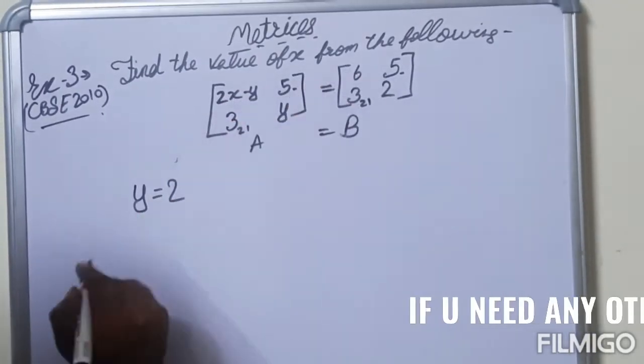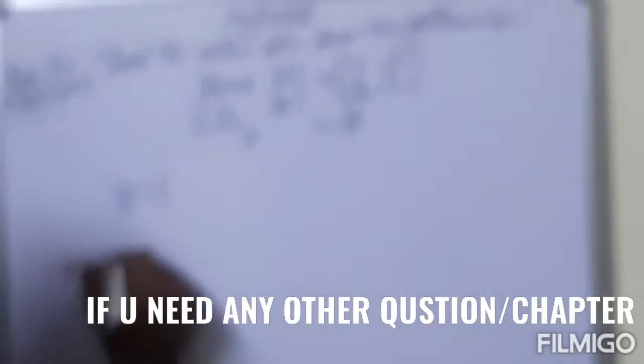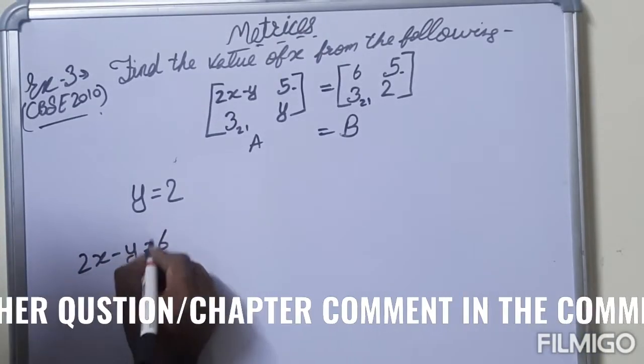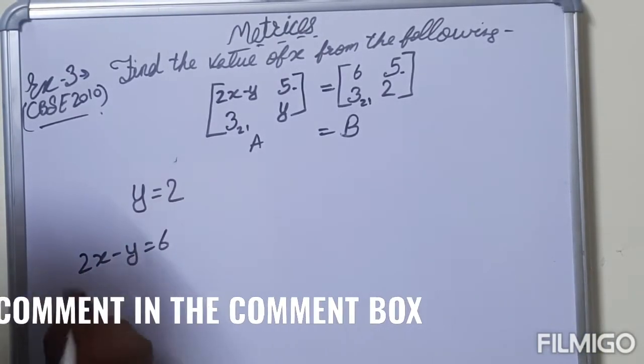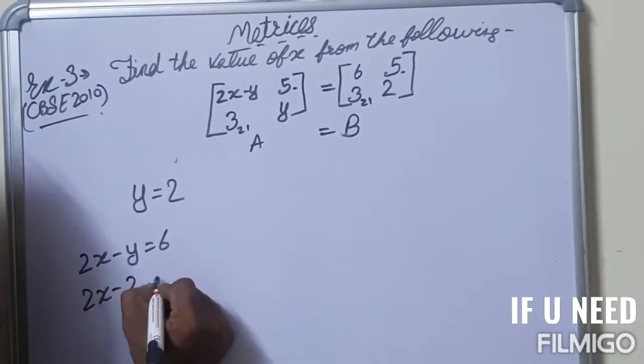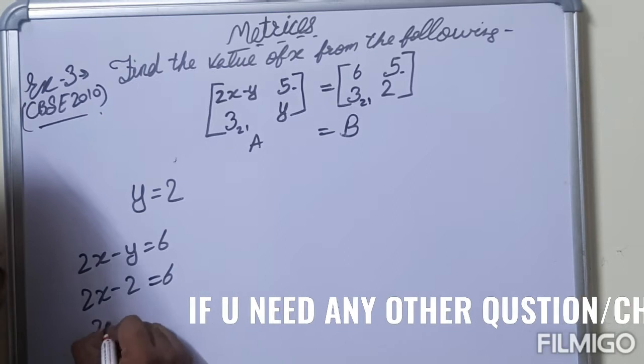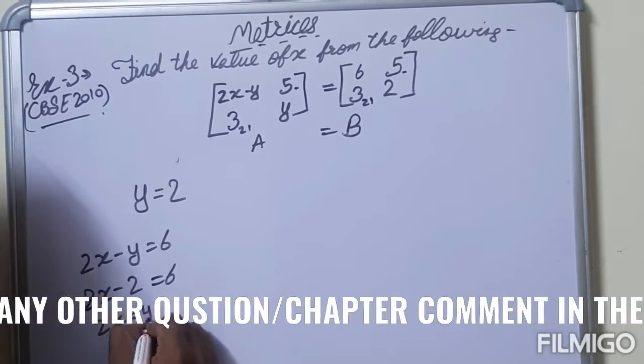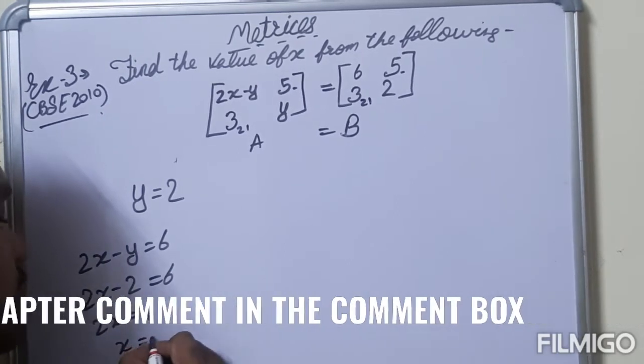Then 2x minus y is equal to 6. We put the value of y in the second equation: 2x minus 2 is equal to 6, 2x is equal to 8, x is equal to 4. That is the answer.